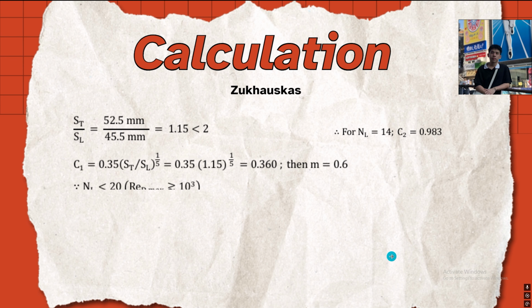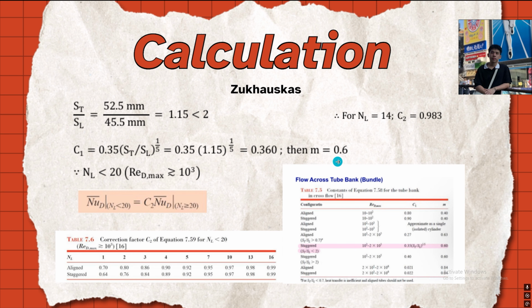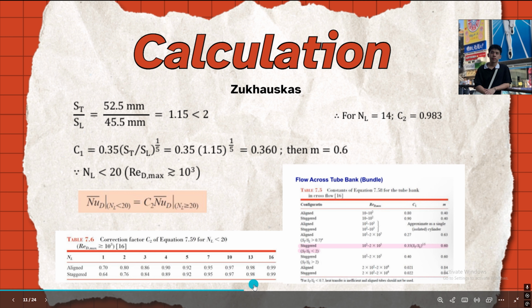From the tables for staggered configuration, we find the constant m is 0.6 and C1 is calculated to be 0.360. Finally, for staggered arrangement with 14 rows, the correction factor C2 is found to be 0.983. This value will be used in the final Nusselt number calculation. And for the C2, the 0.983, we have to do the interpolation to get this value right here.